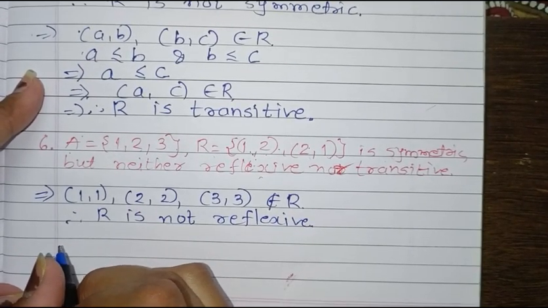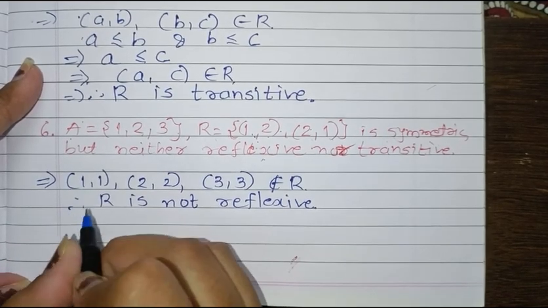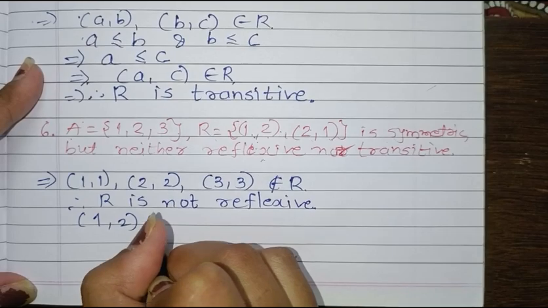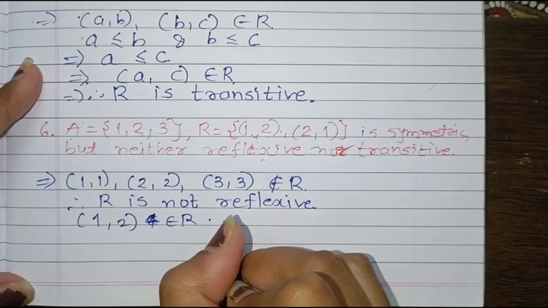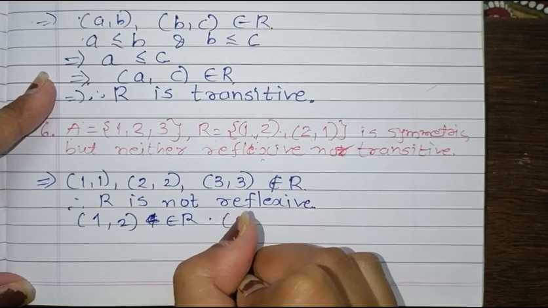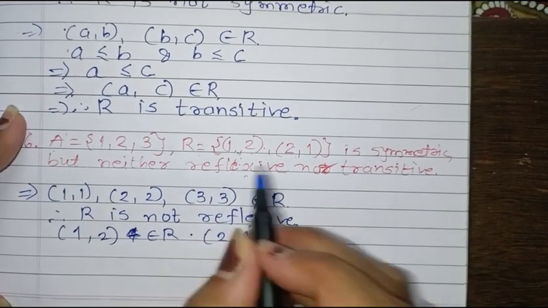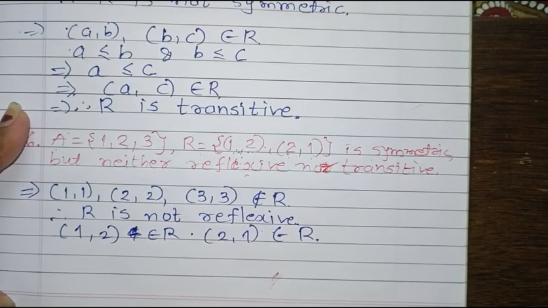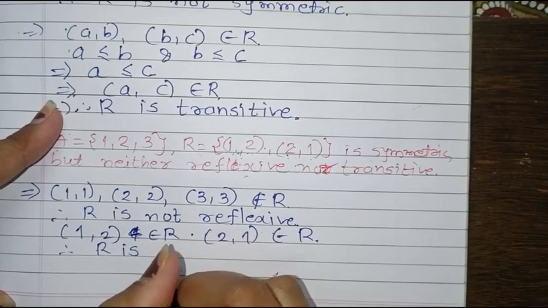Next, we are taking the symmetricness: (1, 2) belongs to R and (2, 1) belongs to R. Hence, R is symmetric.